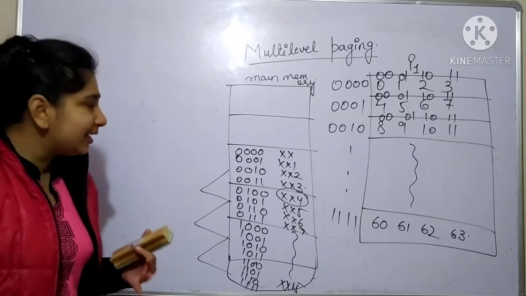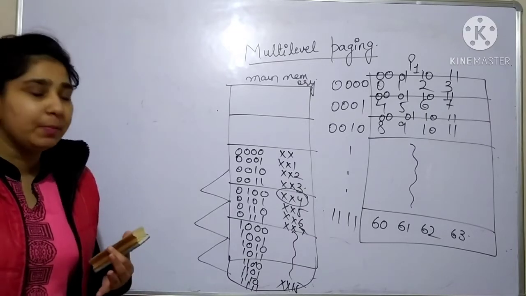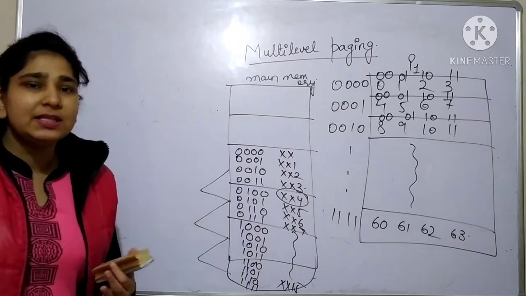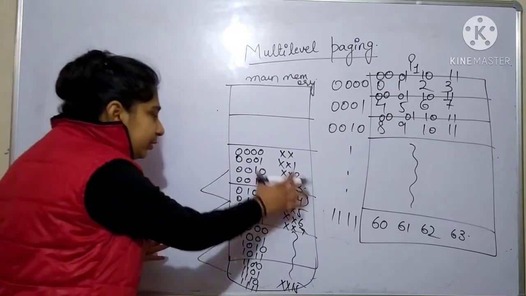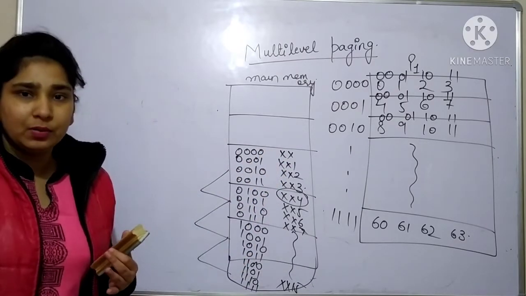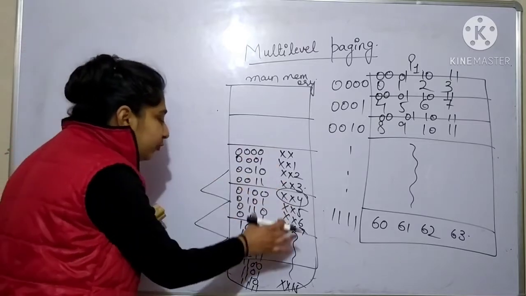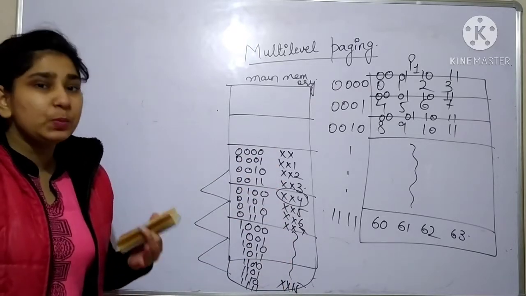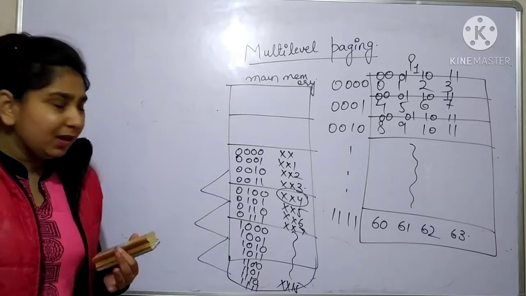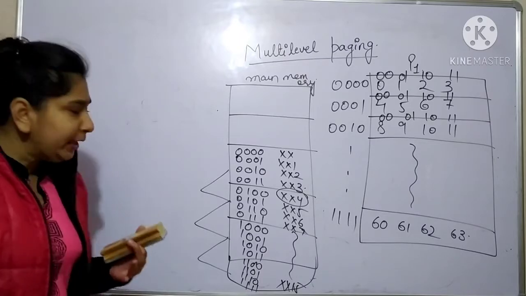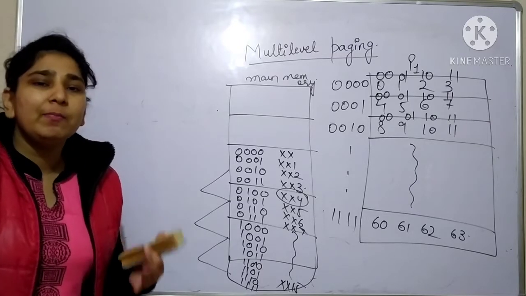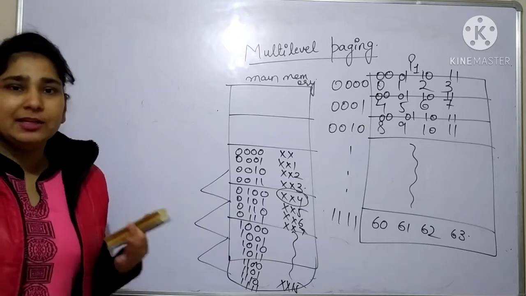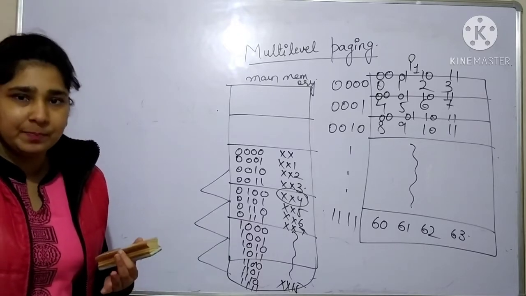So to search for the exact frame number where your process is present, it is going to take a lot of time. You have to search 4 frames. It is very time consuming. What we want to do is reduce the number of frame accesses.